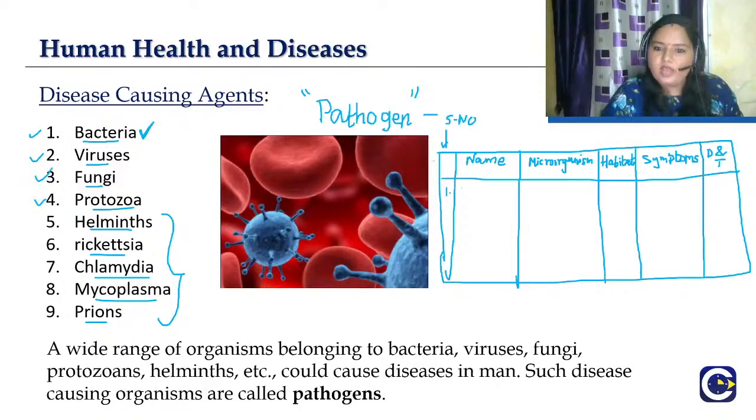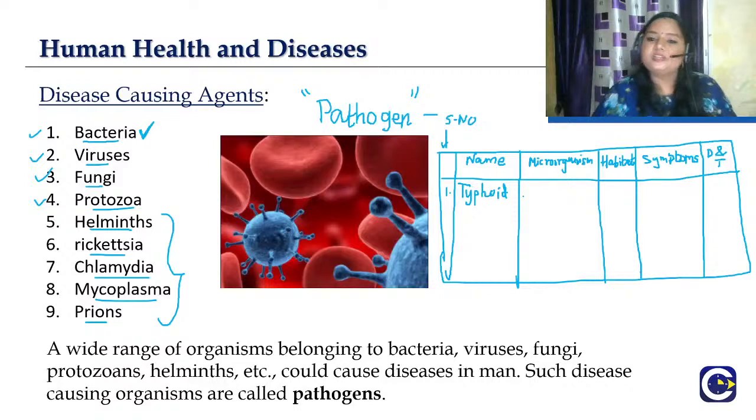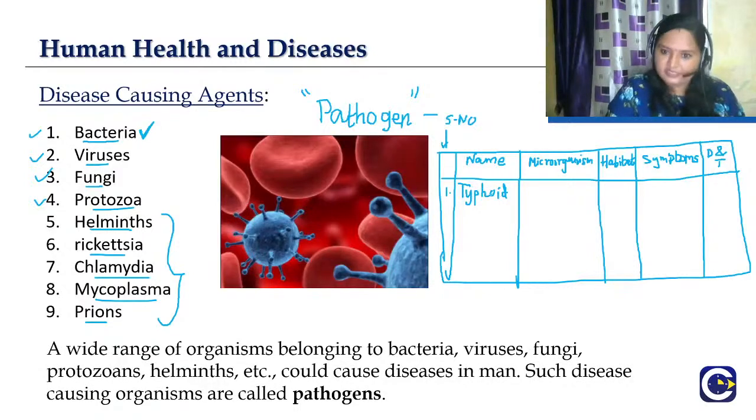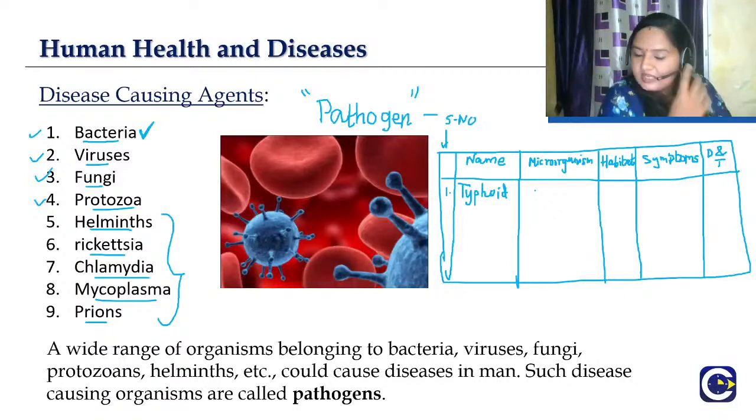Okay, now, after you finish with the table, the first disease is typhoid. Typhoid was once a deadly disease. Even now it is a deadly disease because it affects the entire body, and it is very difficult to treat. So typhoid is the first bacterial infection. Can anyone tell me which organism causes typhoid?